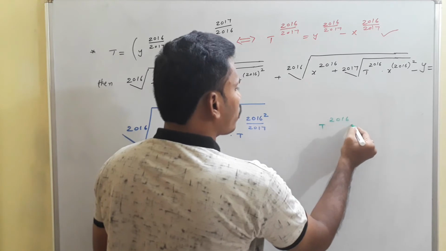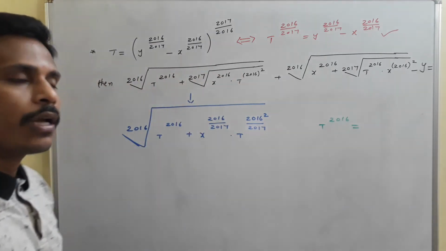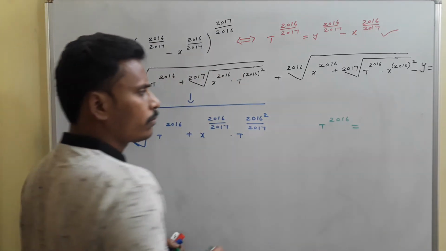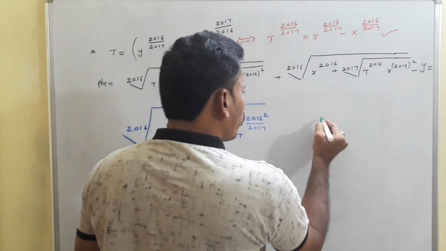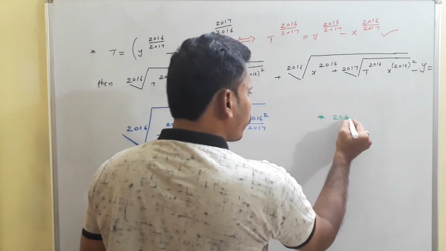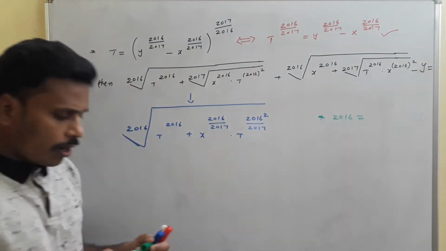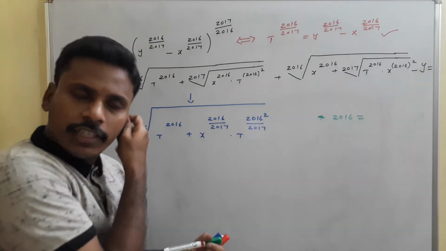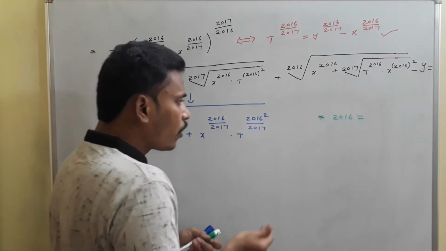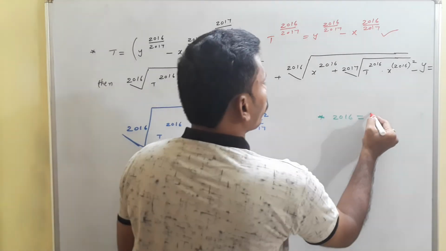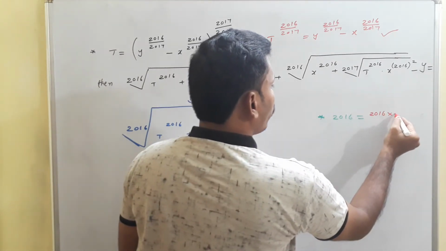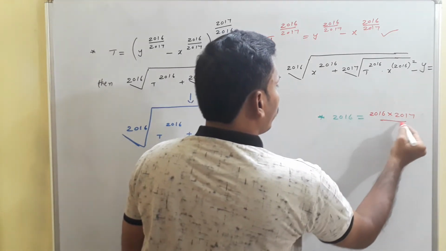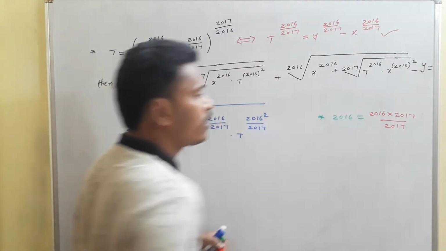T power 2016. What is t power 2016? Or otherwise, first of all you just think about 2016, that's enough. I will rewrite this 2016 as 2016 is equal to 2016 into 2017 by 2017. Is there anything wrong?